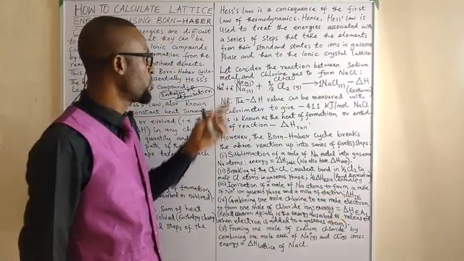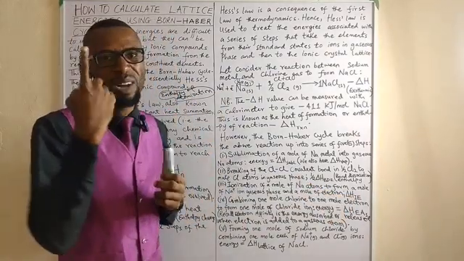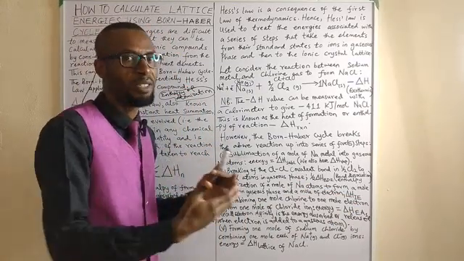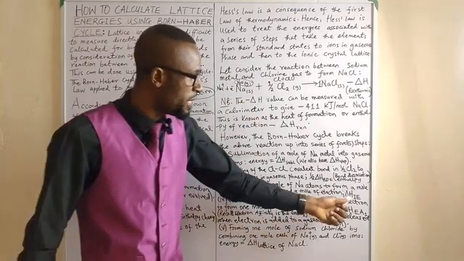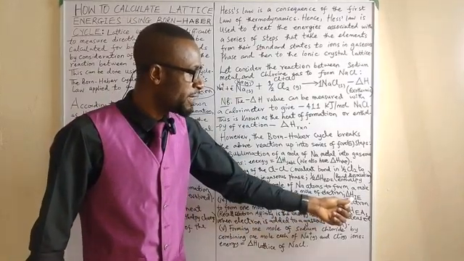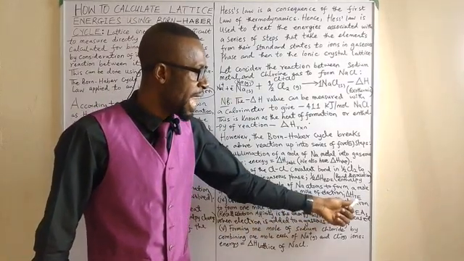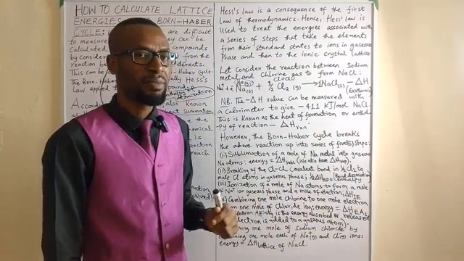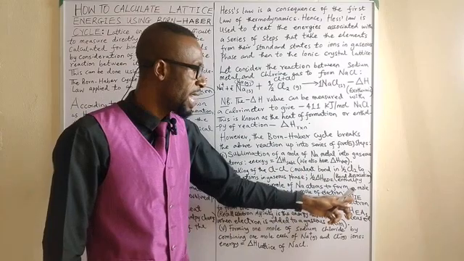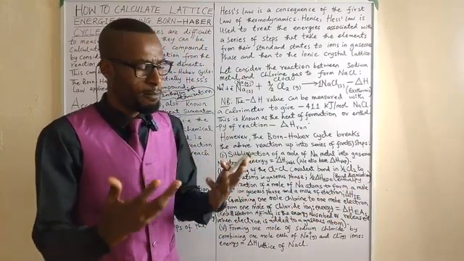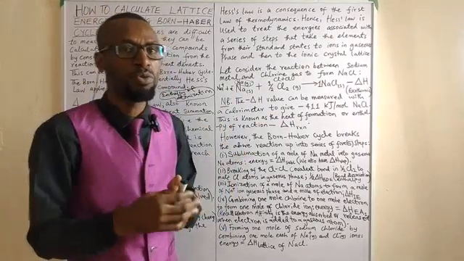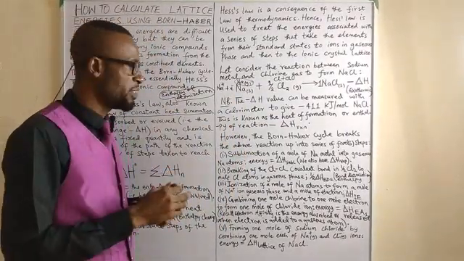Because we are dealing with sodium that ionizes by giving only one electron, it doesn't have a second ionization energy like we have in magnesium and calcium. That's why the enthalpy change here is just IE. It could have been delta H IE1 and delta H IE2 if we are dealing with elements like magnesium or calcium that have two electrons to give out in their valence shell to ionize.